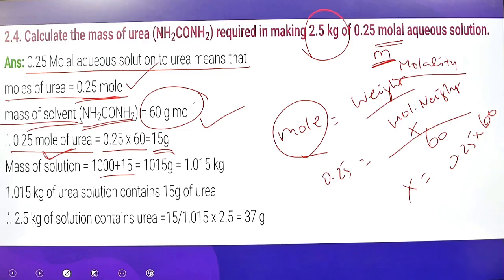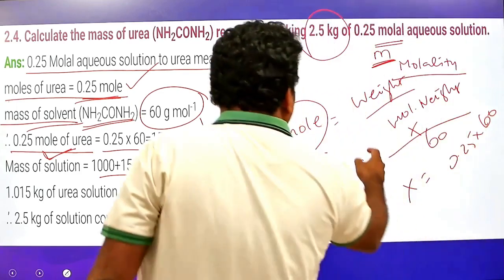Am I right? But what are we doing now? They have given the mole, they did not give the molar weight of the particular component, we calculate. And what we have to do is mass of the solute.